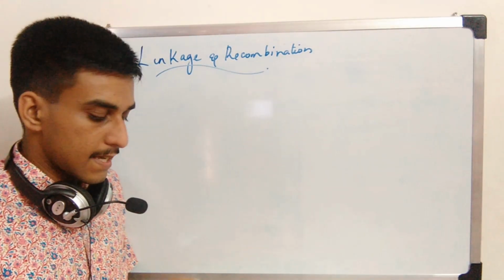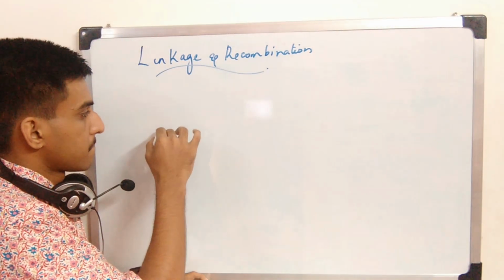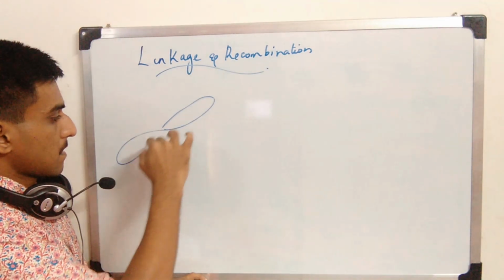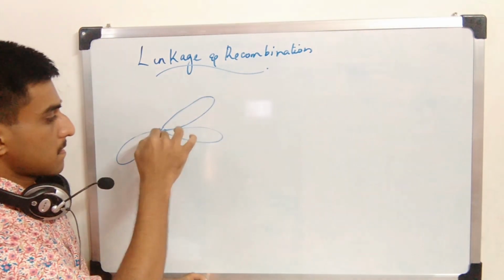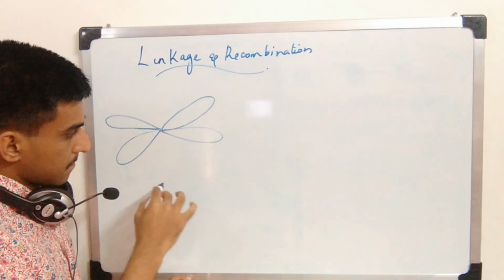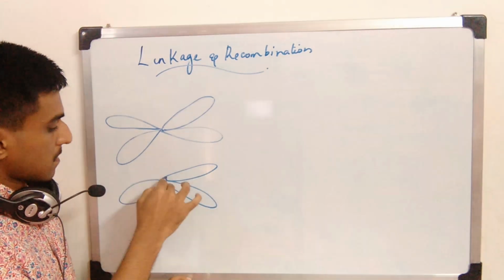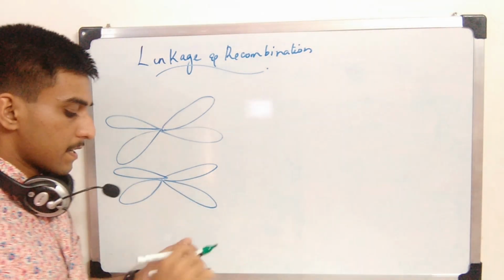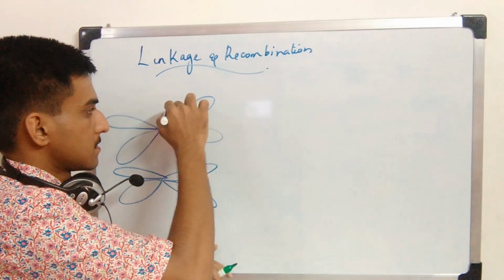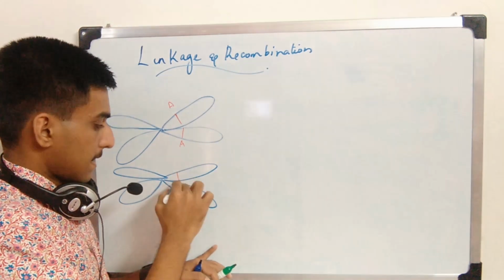Now we are taking a condition here. Just write it down. Here is a chromosome, here its homologous chromosome. I am considering here gene A, and its allele small a.